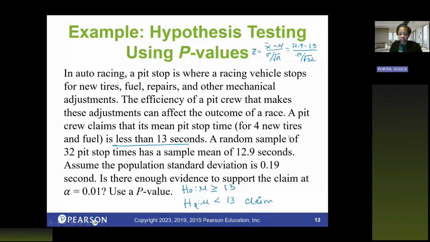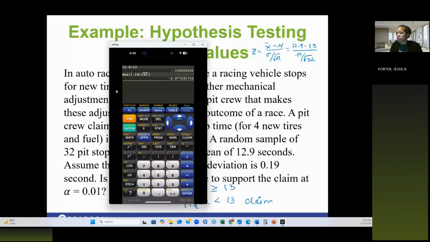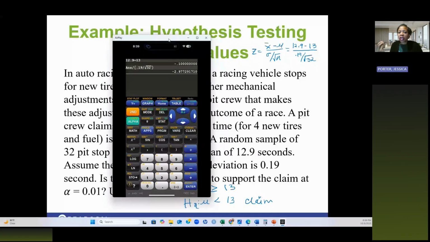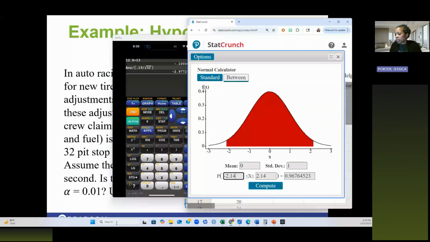Yep, Avery, that is what I have arrived at as well, negative 2.97. And so this is the Z-score that we're going to look up in the table. Without even checking the answers yet, what was the test?